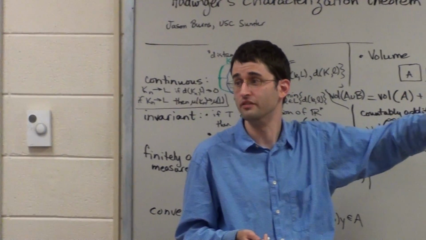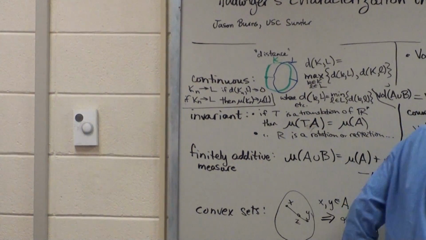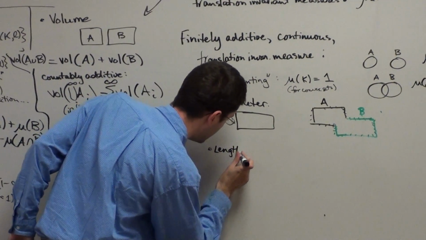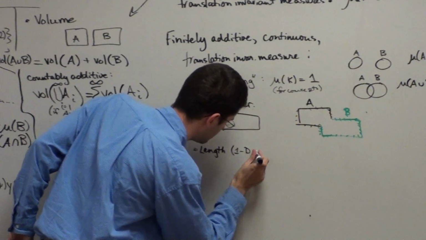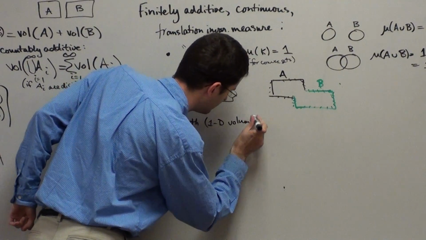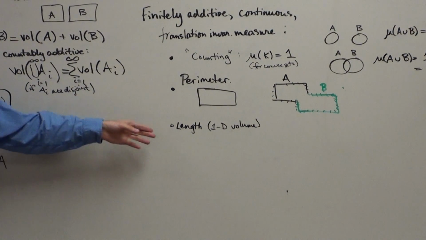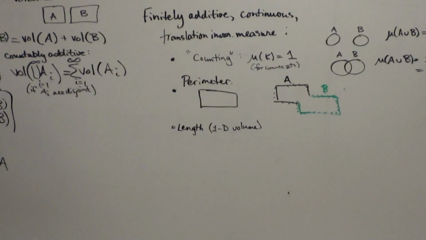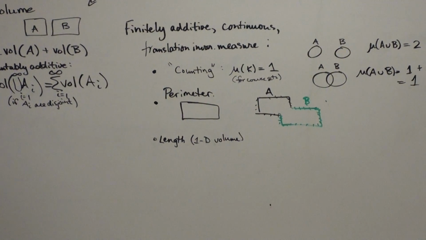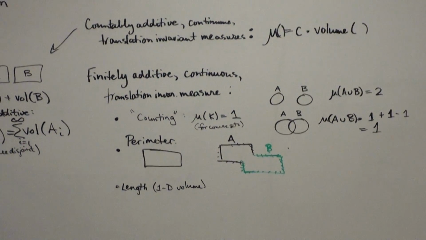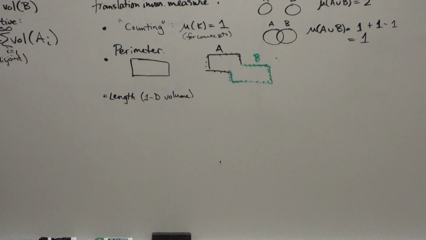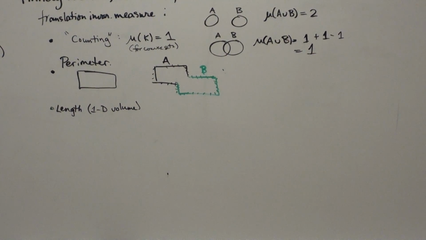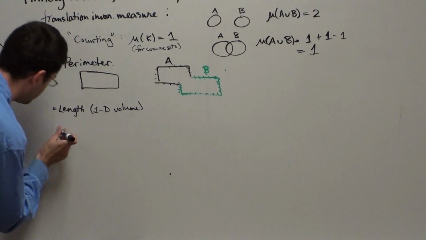That's really a one-dimensional volume. But I'll list that, even though in a sense it's already on this list. Can you think of another, maybe a three-dimensional example? Surface area? Surface area, yeah.